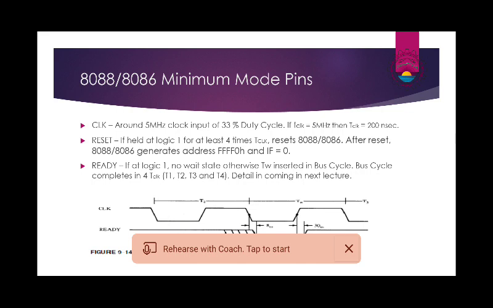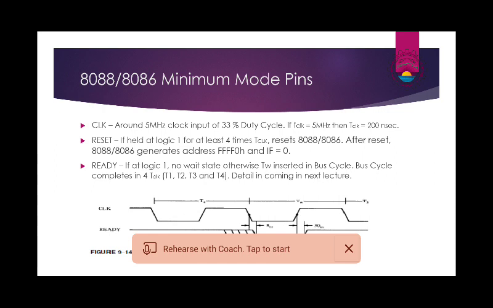So first of all, we have to discuss the clock signal to be applied at the clock input of 8088 and 8086 microprocessors. The basic version of both of these microprocessors requires a 5 MHz clock input of 33% duty cycle. 33% duty cycle means the square wave applied at the clock input should have an on time of 33% of the total time period.